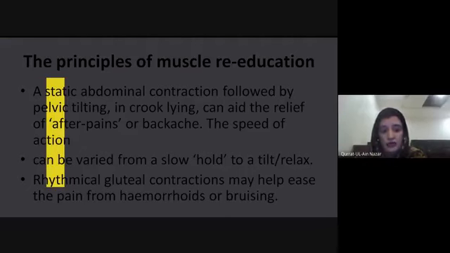The anterior abdominal wall should be drawn in on expiration, thereby increasing muscle tone, then progress through to static contraction plus active range of motions, which are also very helpful for relieving these types of pains. Pelvic tilting exercises and flexions in progressive ranges of the lumbar spine are useful.